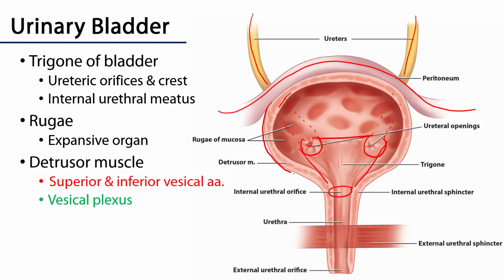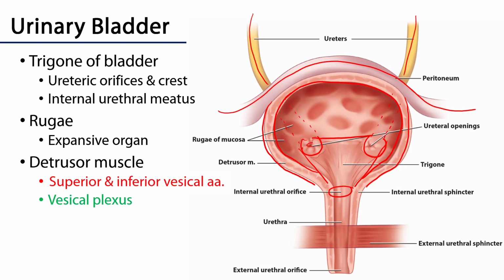It is largely comprised of a smooth muscle wall, and the smooth muscle of the wall of the bladder is called the detrusor muscle. So that detrusor muscle is served with blood from those superior and inferior vesical arteries, from the inferior iliac artery, internal iliac artery, or hypogastric artery.